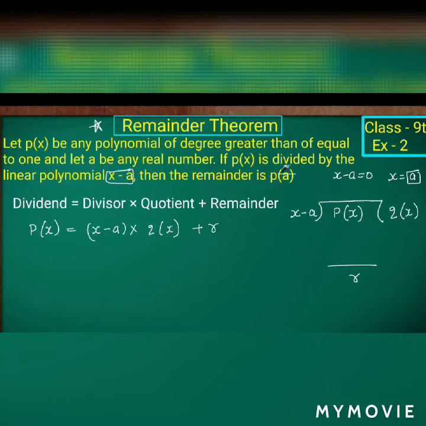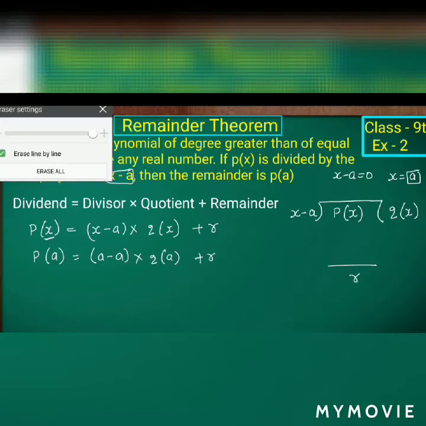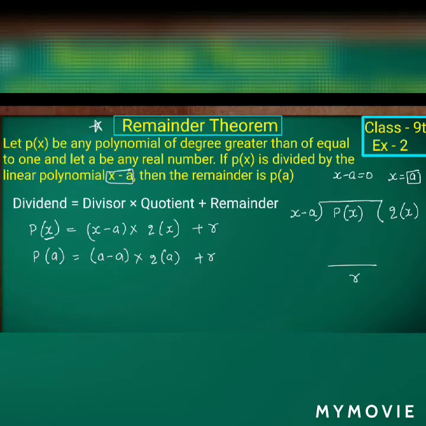The value of x minus a I have taken is 0. So if x minus a is equal to 0, obviously x becomes a, and p of x gives p of a. P of a is equal to a minus a into q of a plus r. Obviously a minus a is 0.